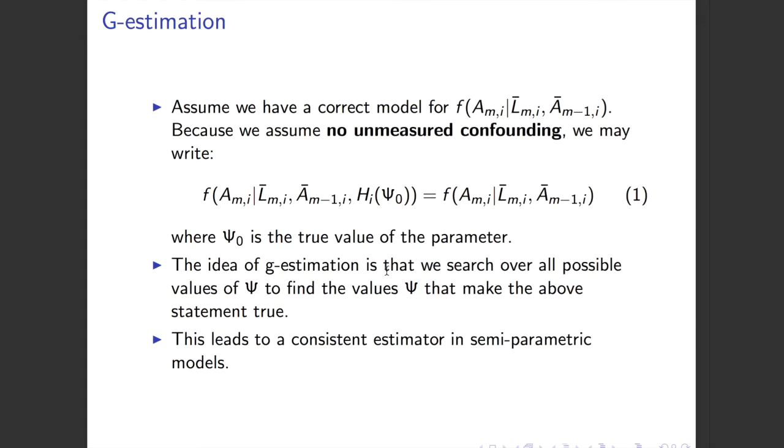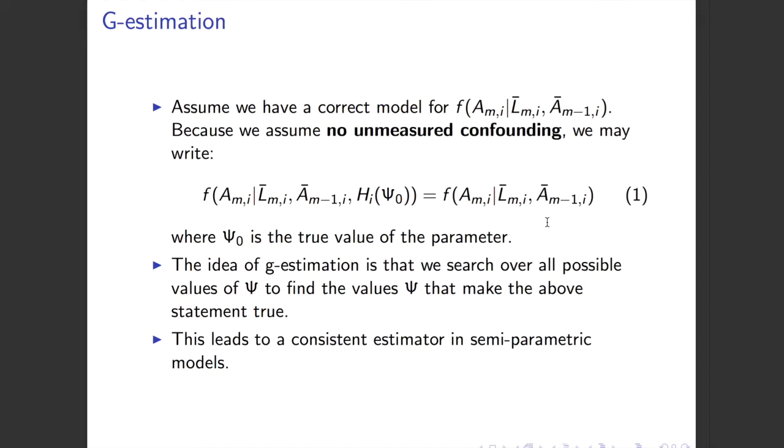So the idea is to search over all possible values of psi to find the value of psi that makes the above statement true. So this is not a classical estimation procedure, like you get an MLE or something, but it's kind of semi-parametric.